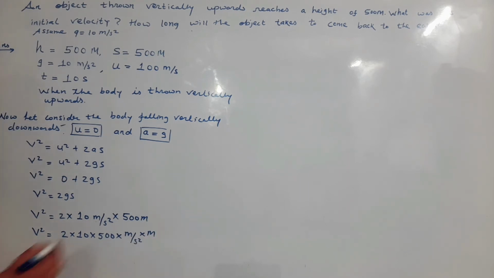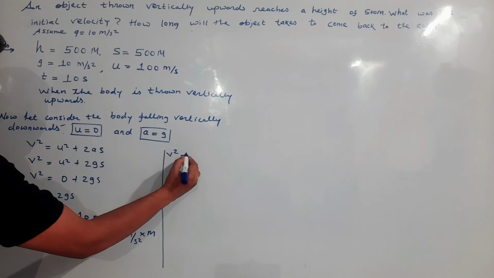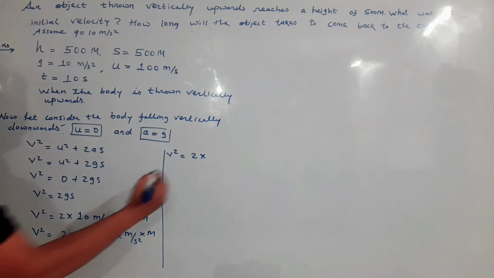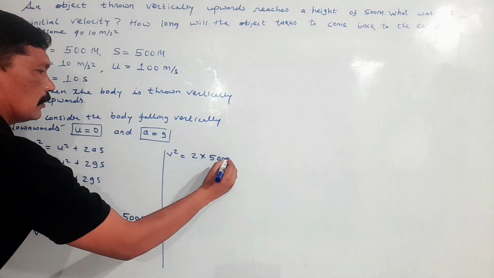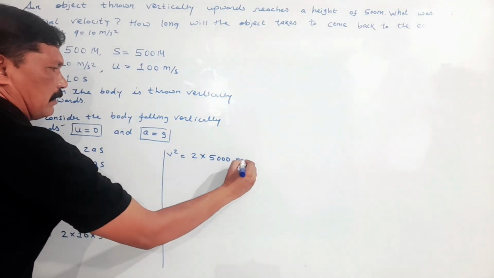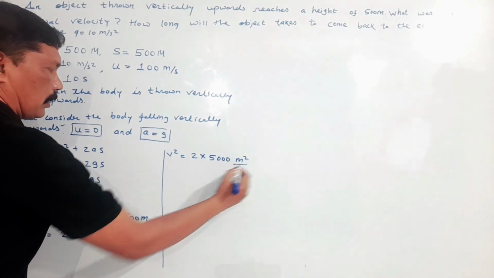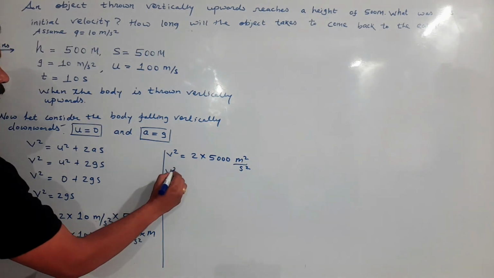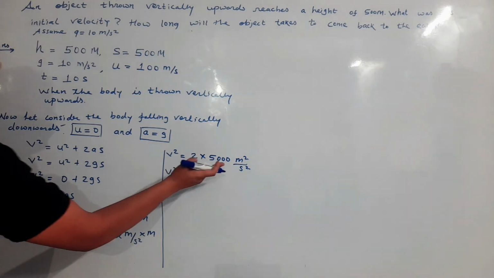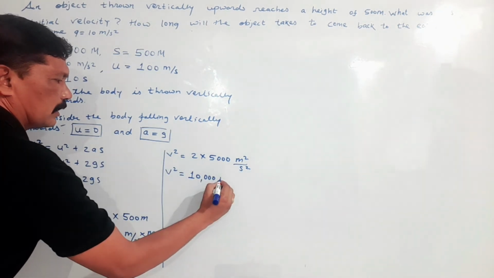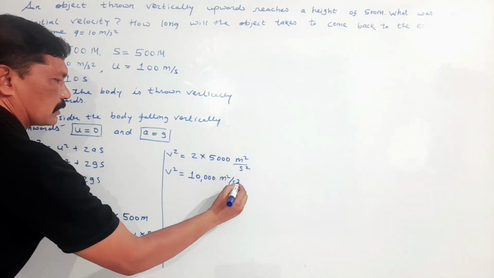Now we can solve. v square is equal to 2 into 500 into 10, which will become 5000, and meter times meter will give meter square upon second square. v square is equal to 5000 into 2, we get 10,000 meter square per second square.